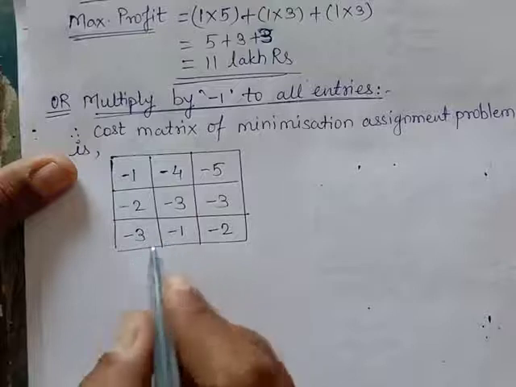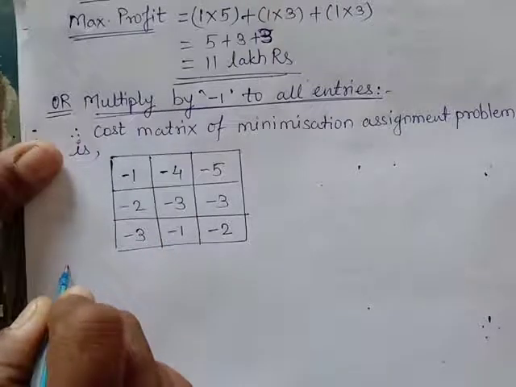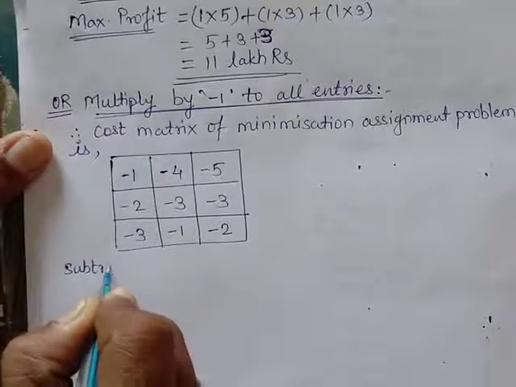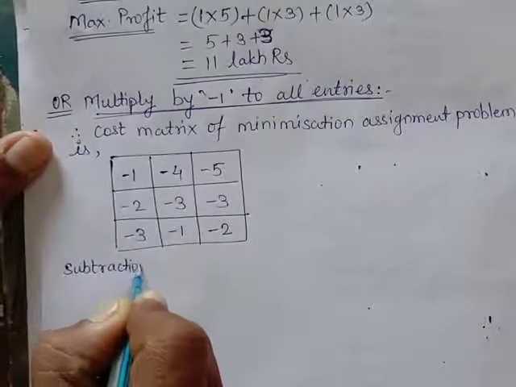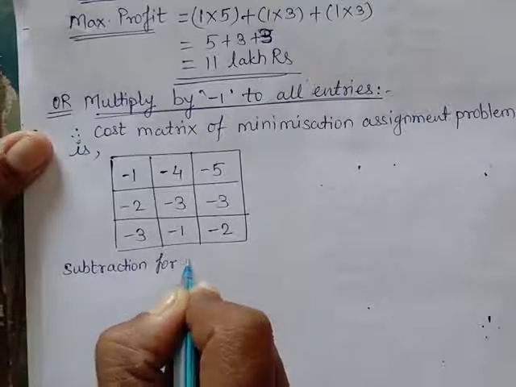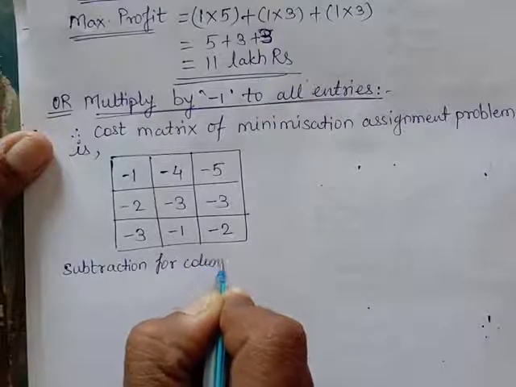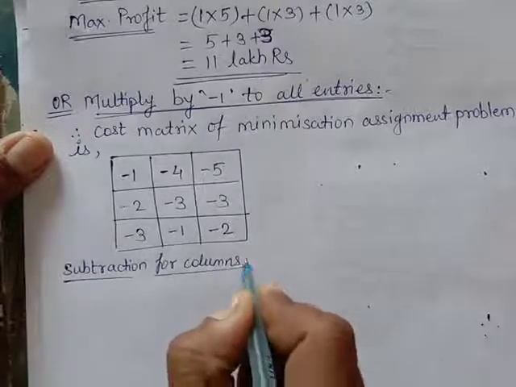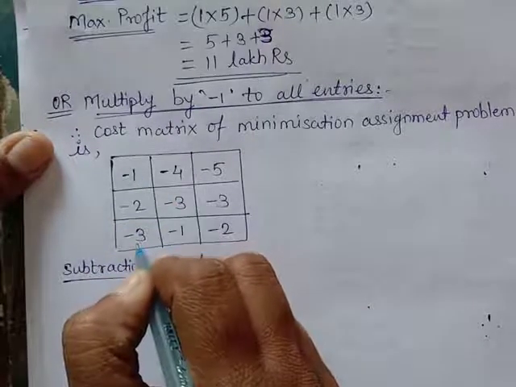So let's do subtraction for columns. In the first column the minimum is -3.